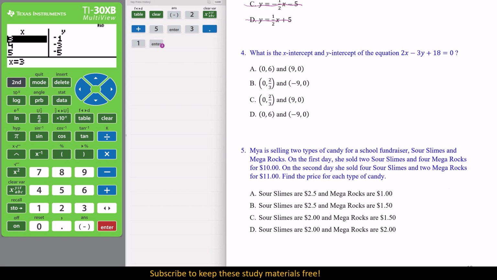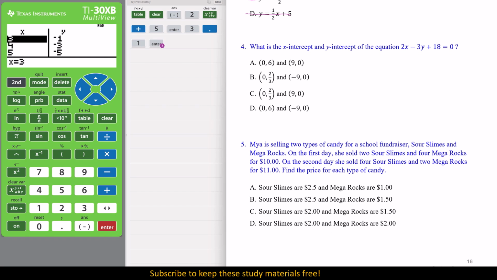Okay, let's look at number 4, and let's go up just a bit. All right. What is the x and y intercept of the equation 2x minus 3y plus 18 equals 0? Well, if we put that in y-intercept form, put it in the calculator, we'll have our answer. Okay, so let's do this. I'm going to subtract 2x from both sides.